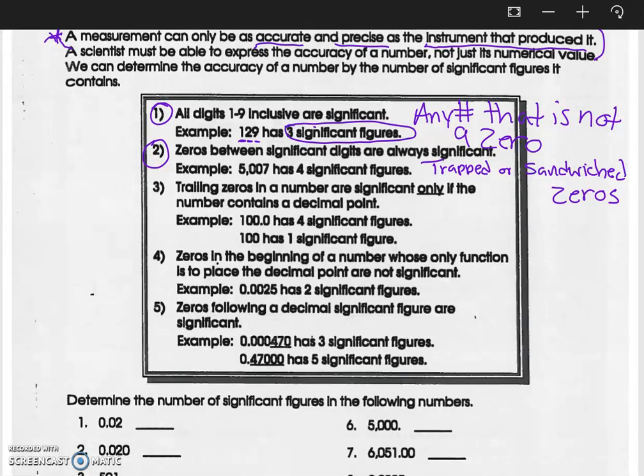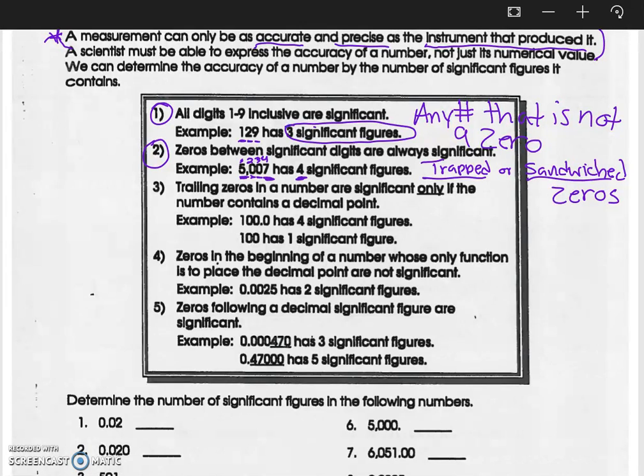So for example, this is a non-zero, and this is a non-zero. So they are both significant. Now these zeros inside those non-zeros, the trapped or sandwiched zeros, are now considered significant. So we have a total of 1, 2, 3, 4 significant figures.